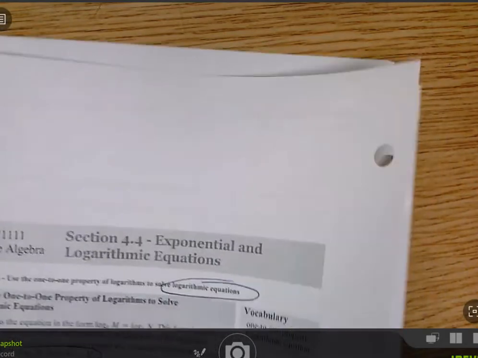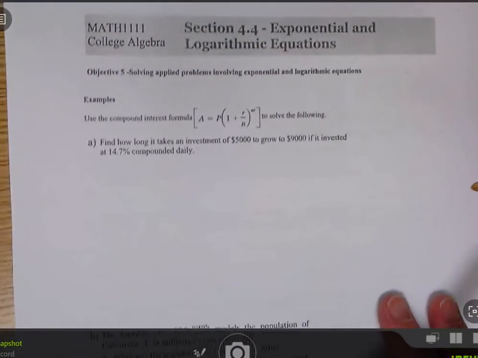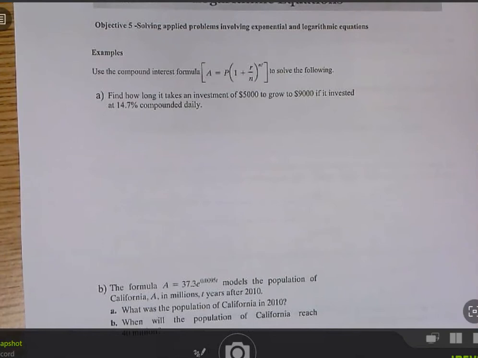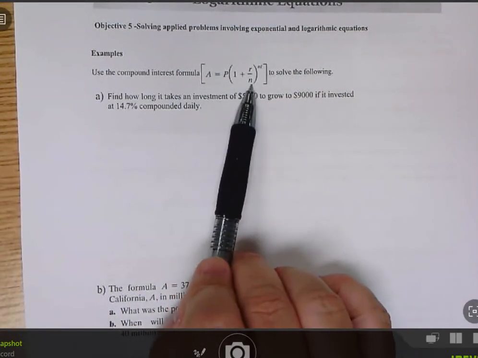Okay, last one. We've done 2 with exponential equations, 2 strategies with logarithmic equations, and then actually this one is sort of both. This is dealing with our most common scenario for exponential equations, which is compound interest. This is the standard compound interest formula.